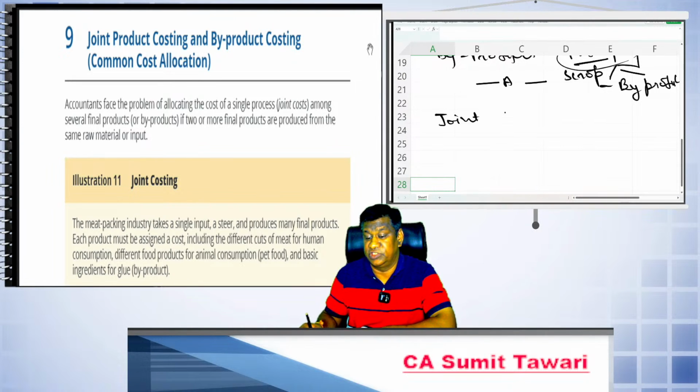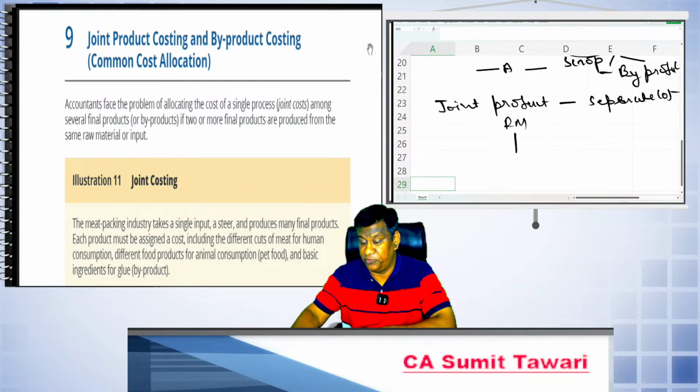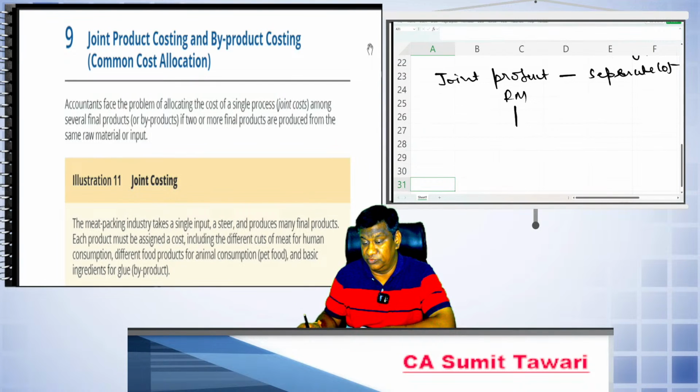Whatever may be the cost incurred for a joint product, that you need to consider as a separate cost. I'll explain. Say this is raw material. One process you are going to apply, for that you incurred the cost.